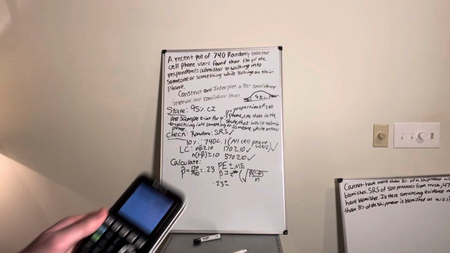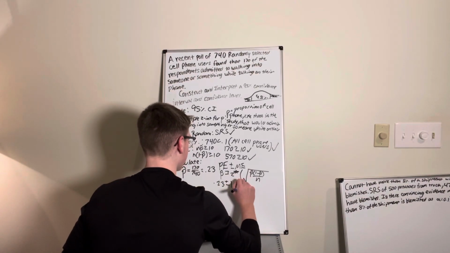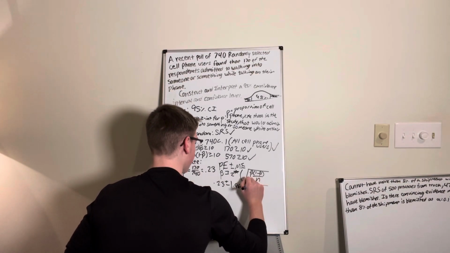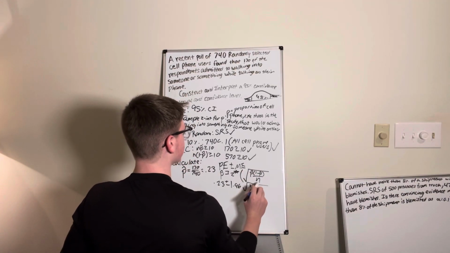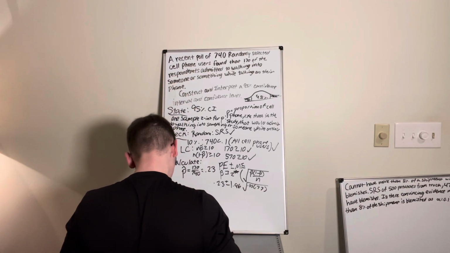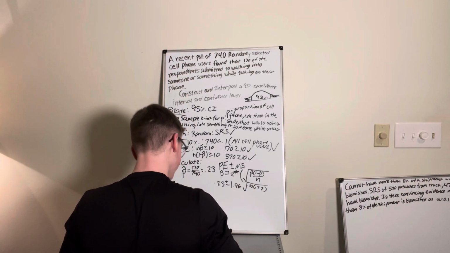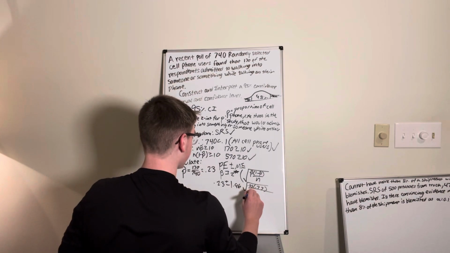You just need 1.96. Okay, plus or minus 1.96 times the square root of 0.23 times 0.77, which is 1 minus 0.23, over our n, which was 740 people.